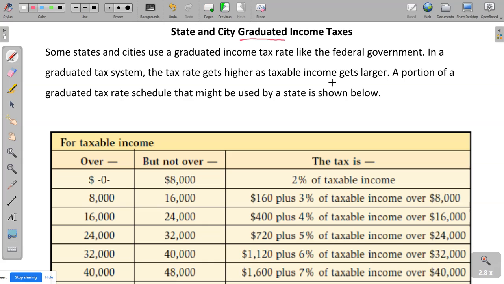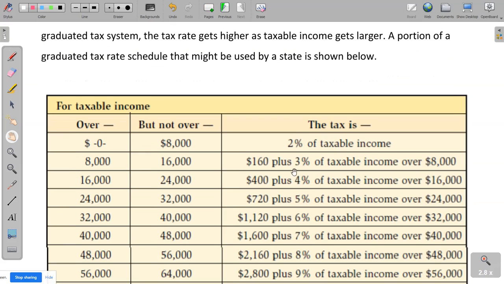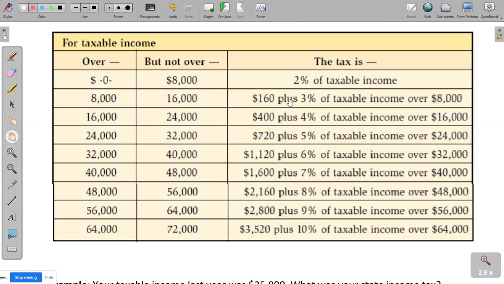The portion of the tax rate schedule that might be used by a state is shown below. So this is the example. If you notice this table, if you don't make that much money, you're going to have a smaller tax rate.